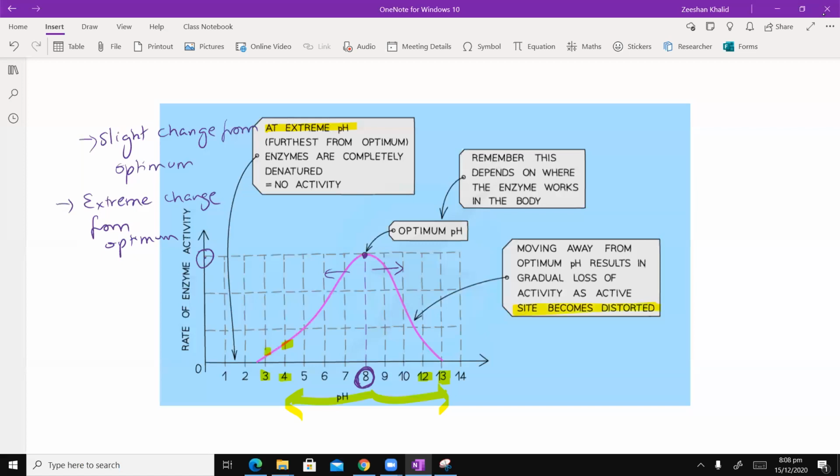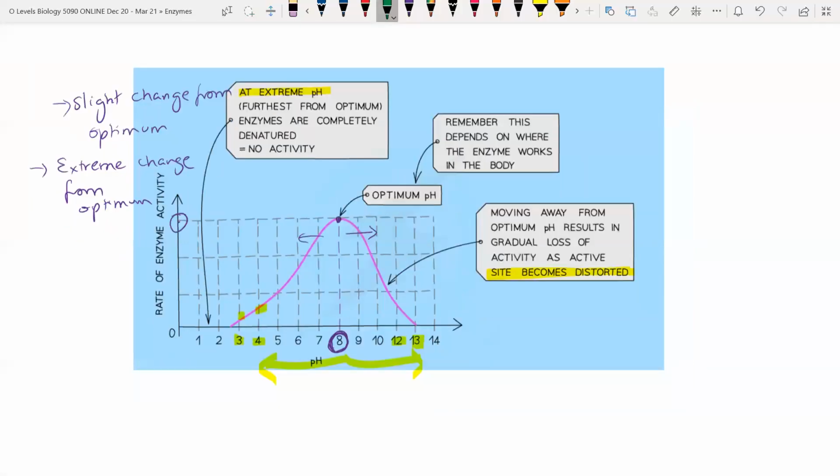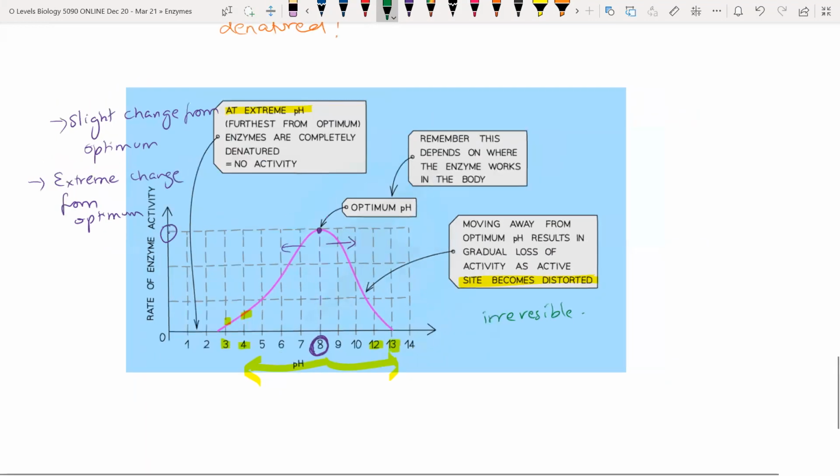And of course, this time it is due to different reasons, not the only reason of temperature, but again, extreme variation में याद रखें that this change is irreversible, लेकिन slight changes में it can go back to its working conditions. Okay, again, so the idea is basically the same.